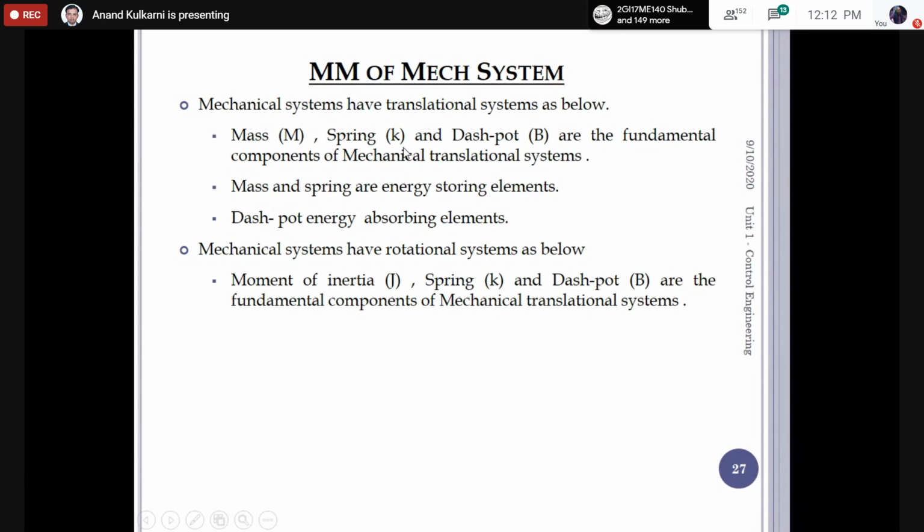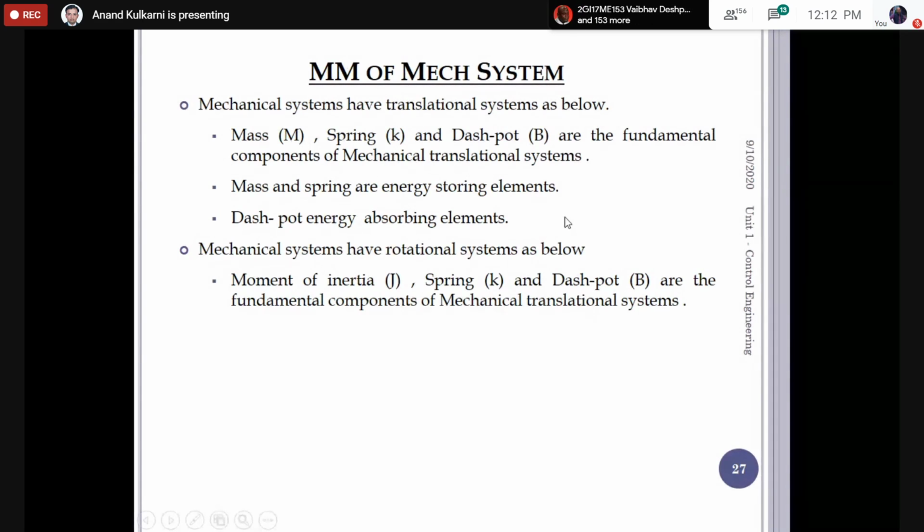These three basic components will be always present or partially present. In most electrical systems, you have only the stiffness or storage element and the friction element. The mass element, that is the inertia element, will be mostly missing.